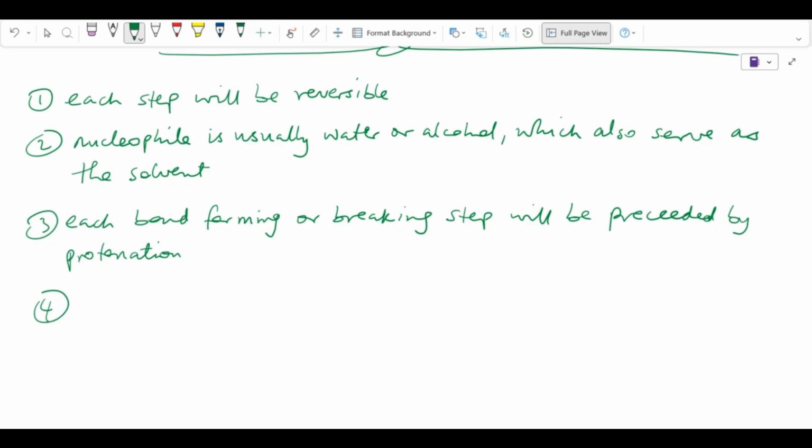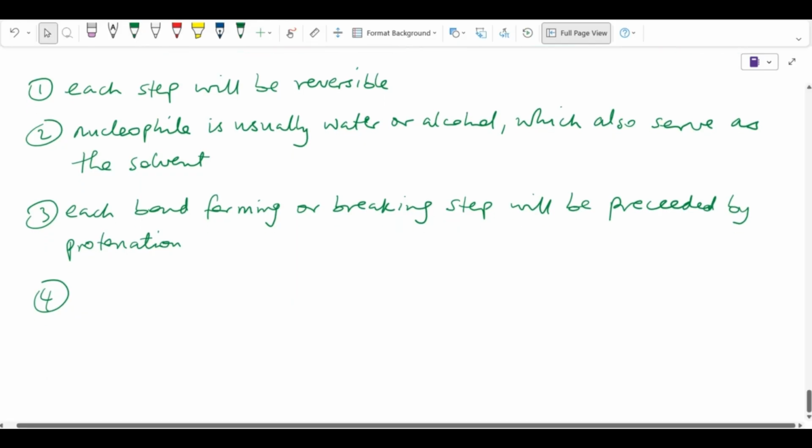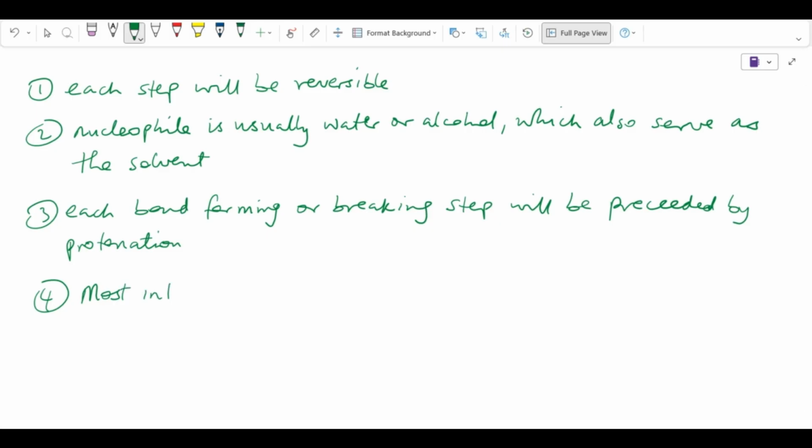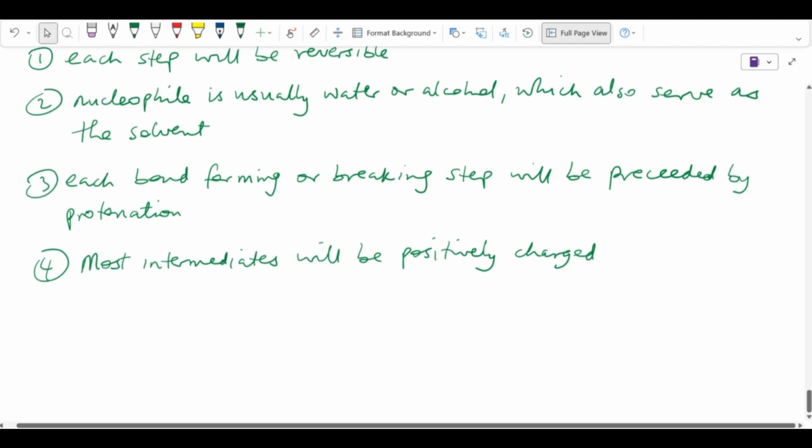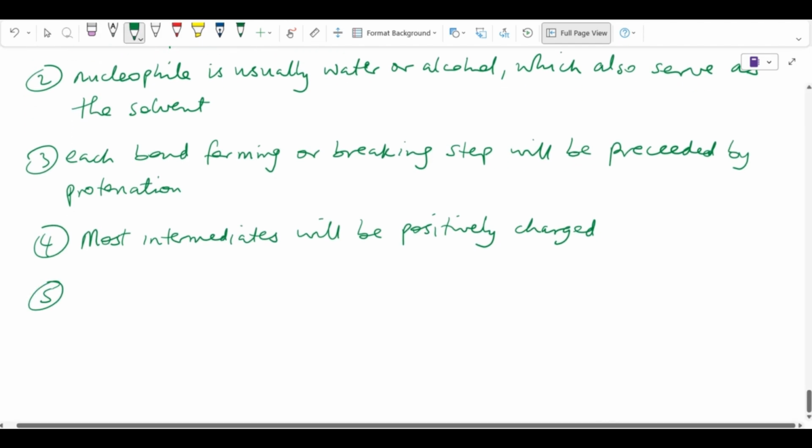Fourthly, most intermediates will be positively charged.